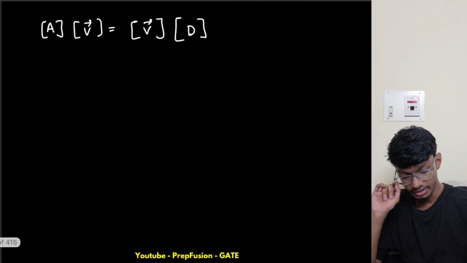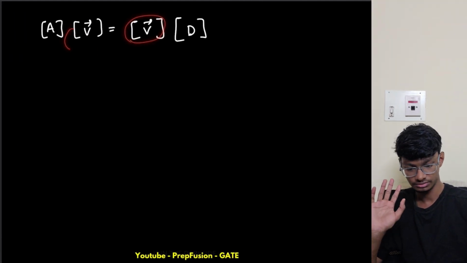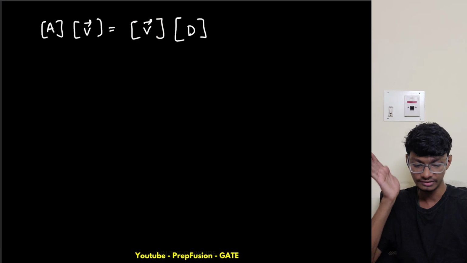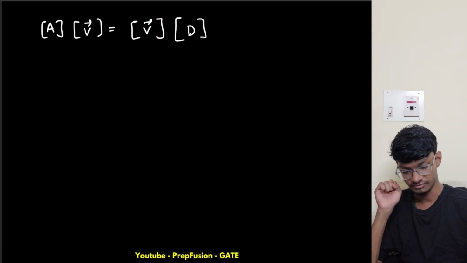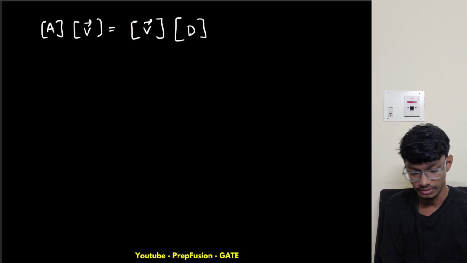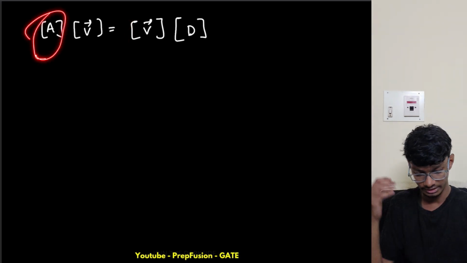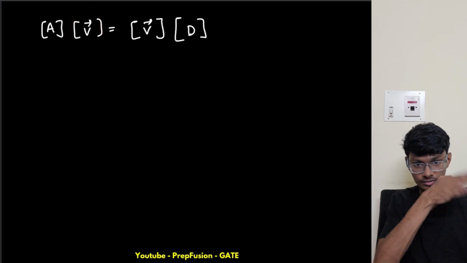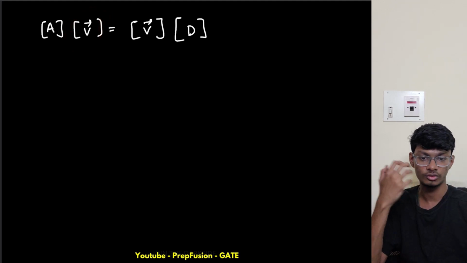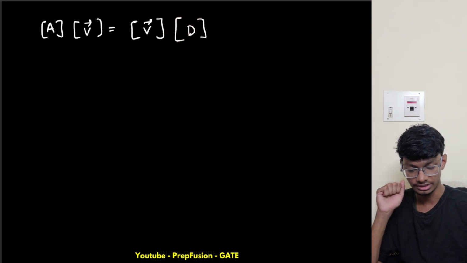So what I can do is take the inverse of this. If I want to find A, I will multiply the inverse at the end, post-multiplication. But if I want to find D, I will multiply the inverse at the front, pre-multiplication.